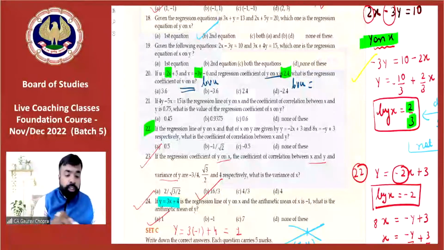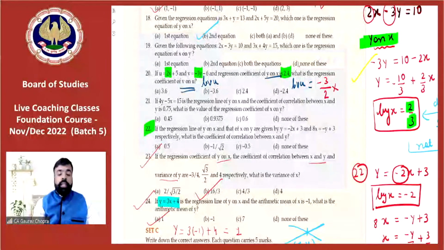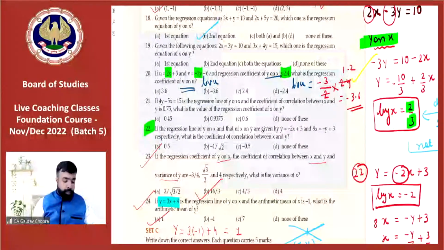To use the coefficient of v, that is -3, use the coefficient of x, that is 2, and then multiply by byx, 2.4. On cancellation, let's see what we are getting. -3 into 1.2, so -3.6. This is BVU.